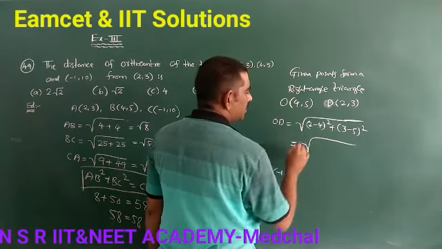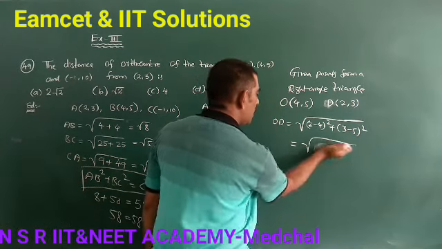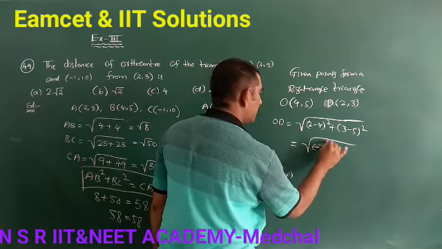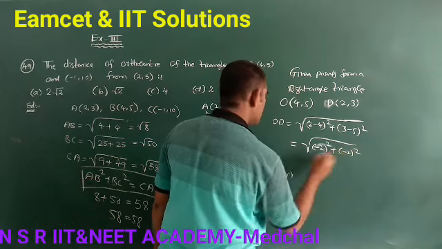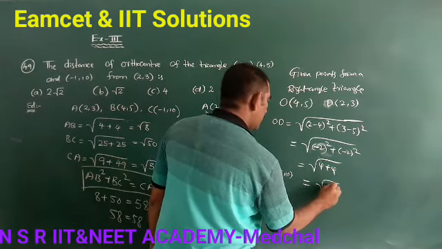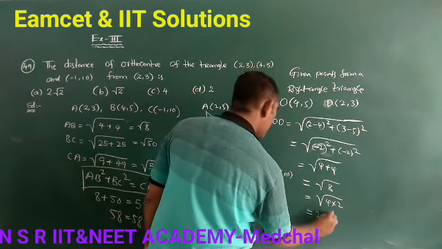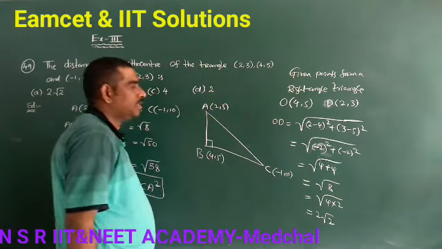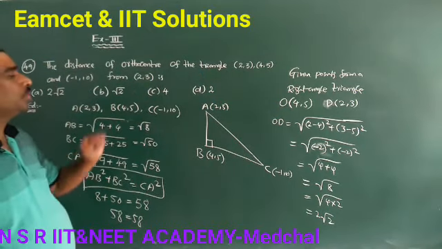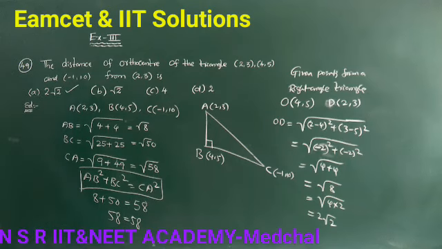So we get minus 2 whole square plus minus 2 whole square. So 4 plus 4, root 8. Root 8 we can write as 4 into 2, so root 4 is 2. So we get the distance from the orthocenter to (2, 3) is 2 root 2. So our answer is A.